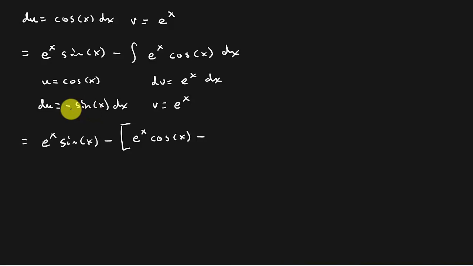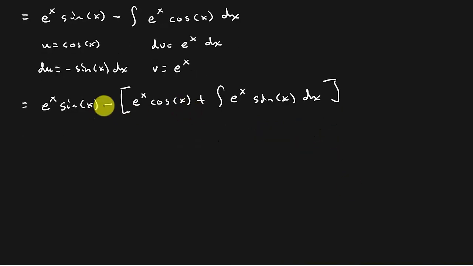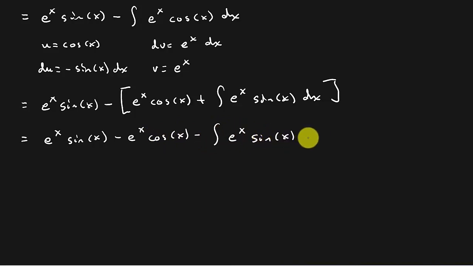Well, that negative and this negative make a positive, and so that's integral e to the x sine x dx. And what I'm going to do is distribute that negative, so that's e to the x sine x minus e to the x cosine x minus integral e to the x sine x dx.